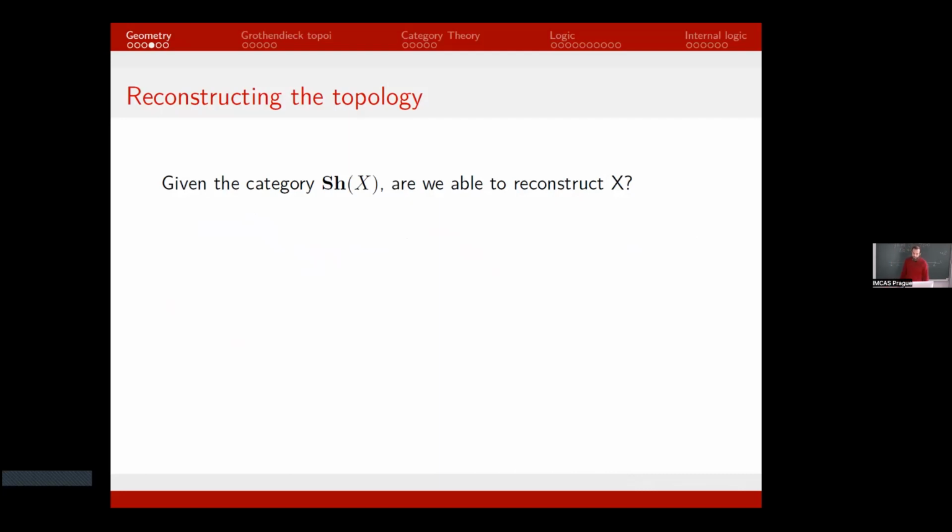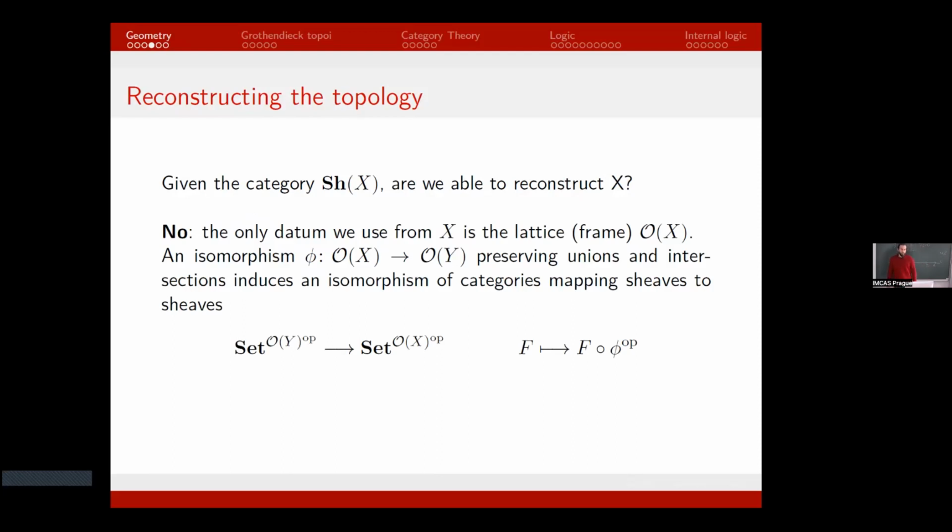But unfortunately, the answer is no, because the only data we actually used was the lattice structure of the opens of X. So if we have an isomorphism between two lattices of opens of topological spaces, then this will induce an isomorphism on the categories of presheaves that also restricts to an isomorphism of the categories of sheaves.